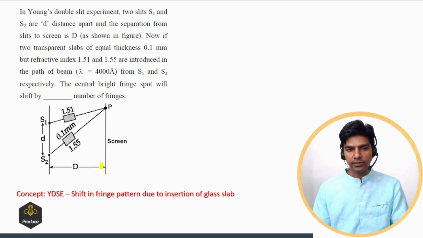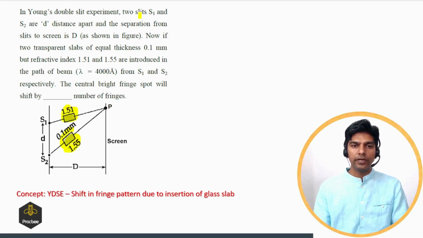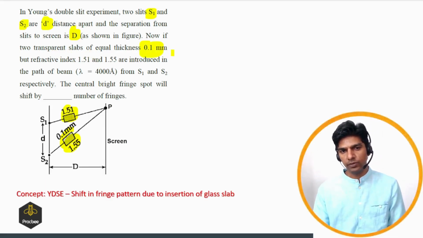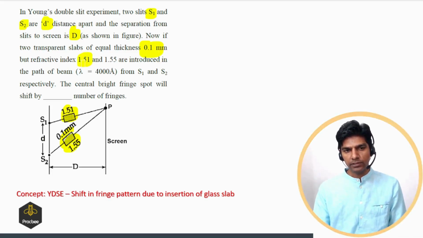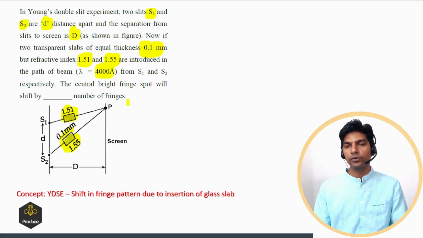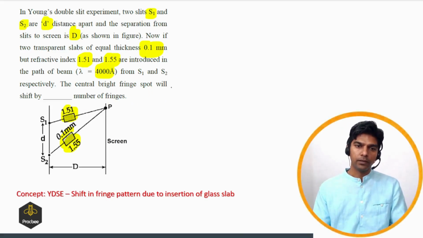Now it is again based on the same concept, but here we have two slabs. Let us see. In YDSE, two slits S1 and S2 are small d distance apart and the separation between the screen is capital D. Now if transparent slabs of equal thickness, so both slabs have the same thickness 0.1 millimeter, but refractive indices 1.51 and 1.55, are introduced in the path of the beam of wavelength 4000 angstrom from S1 and S2, the central bright fringe spot will shift by how many fringes?